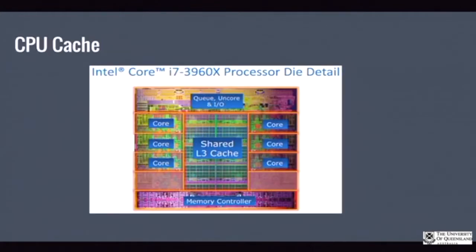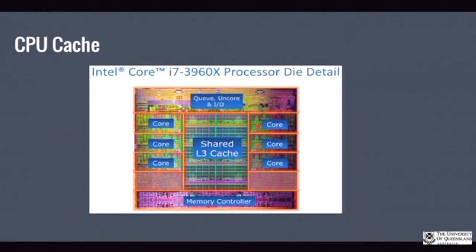This is a modern i7 processor, and you can ignore the top and bottom parts and only focus on the 6 cores and the L3 cache. Your computer has the big RAM, which has a lot of space to store things in. But the RAM's slow because it's so big. The bigger you get, the slower things tend to get.